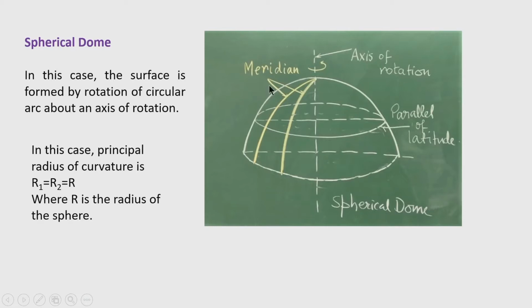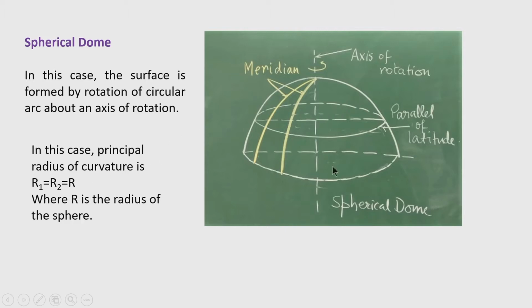Now, the spherical dome is formed by rotating a part of a circle, a circular arc, around an axis of rotation that you are seeing here, and this arc is known as the meridian. As a result of this circular arc rotating about an axis of rotation, the curvatures along the two principal directions are the same, and the principal radii of curvature r 1 and r 2 are now equal to the radius of the sphere.